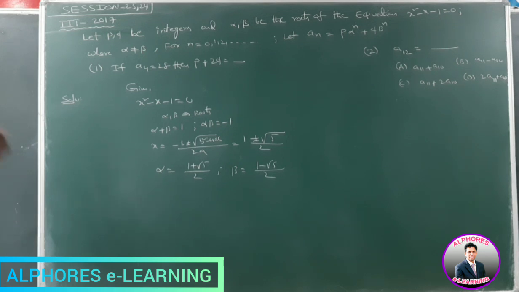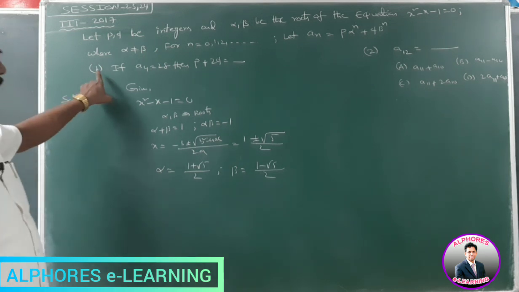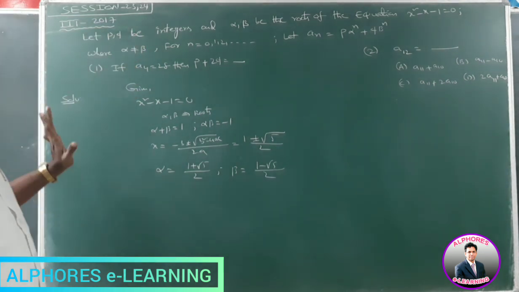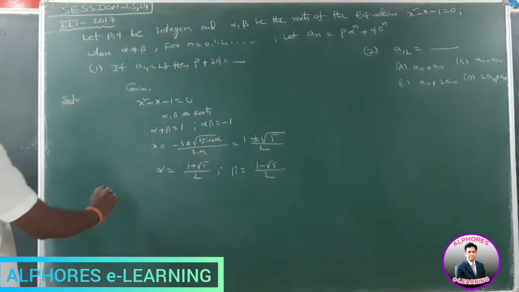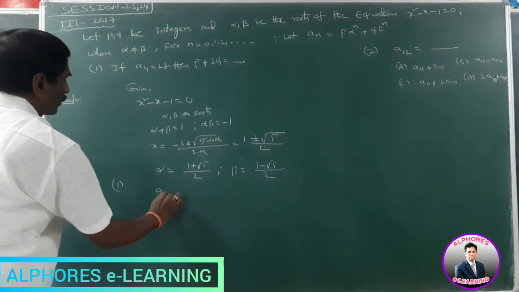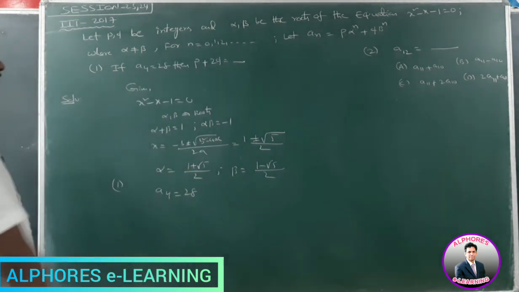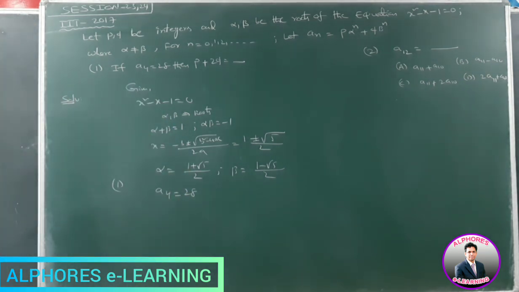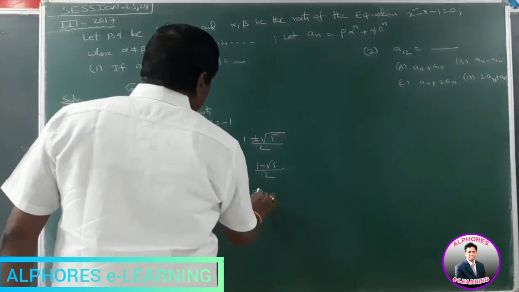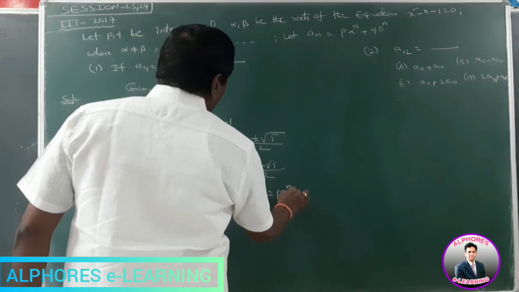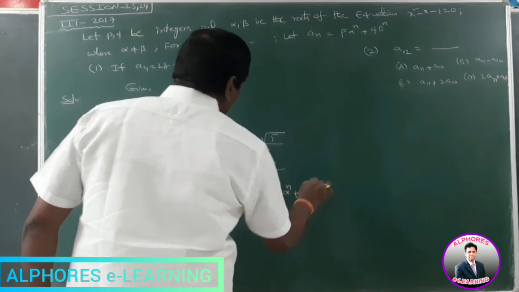Okay. Now, from the first problem, a4 is equal to 28. From the given, a suffix 4 is equal to 28. By using this condition, we find the values of p, q. But at the same time, what is the value of an? An is equal to p into alpha power n plus q into beta power n.